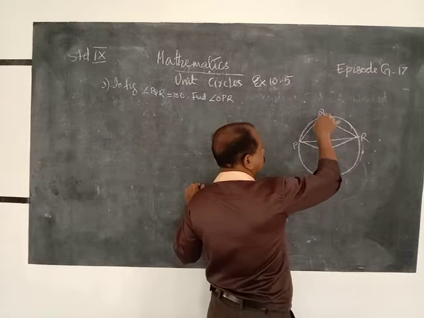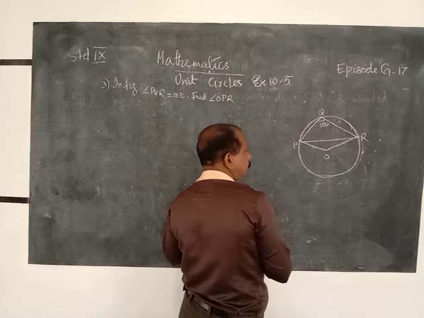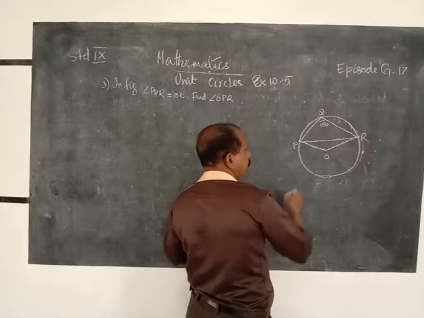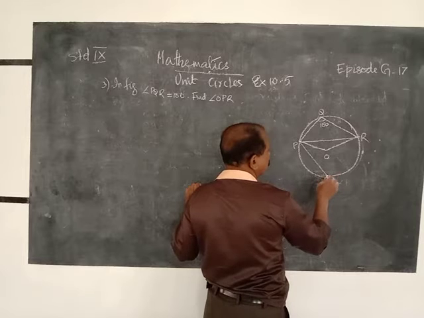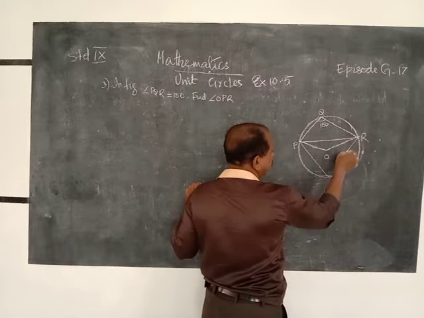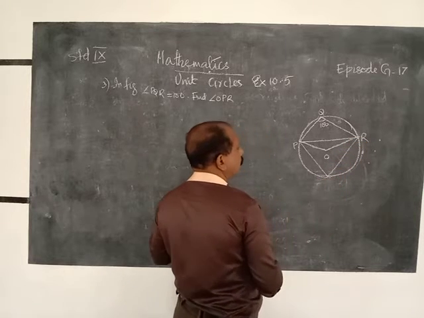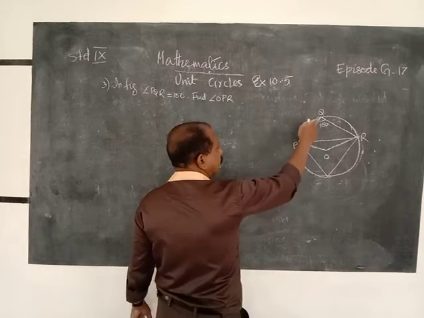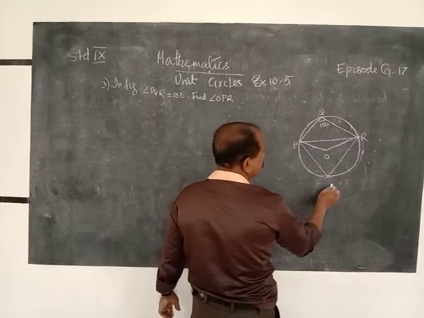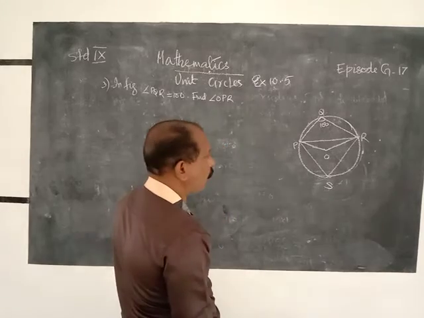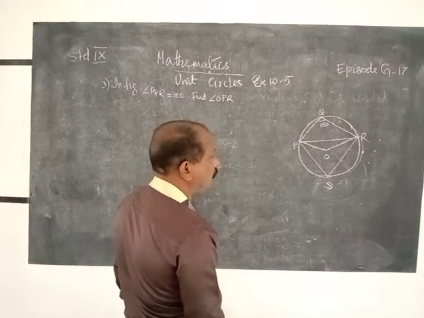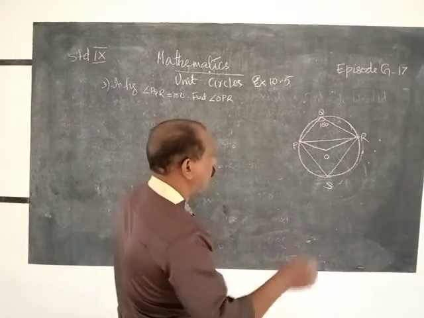This angle is 100. Let us consider this angle. Therefore, this is a cyclic quadrilateral, PQRS is a cyclic quadrilateral. Therefore, the sum of the opposite angles is 180 degrees.